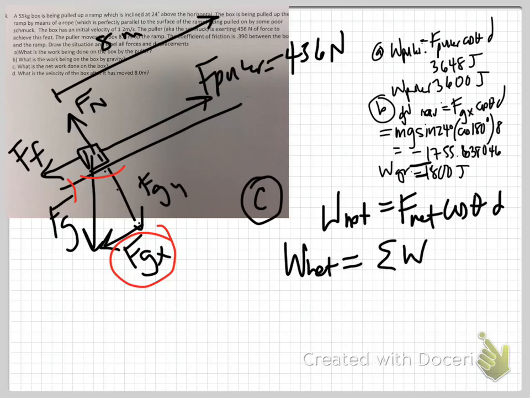And you can do either one. I think I did sum of all the works. I did work of kinetic friction, which meant you had to figure out the force of kinetic friction. You could do it either way. You get the same answer with sigma.